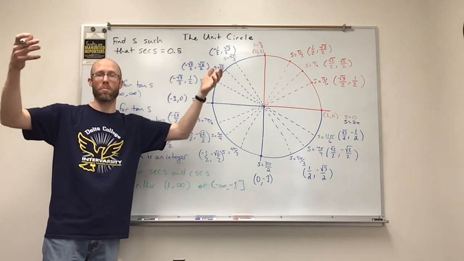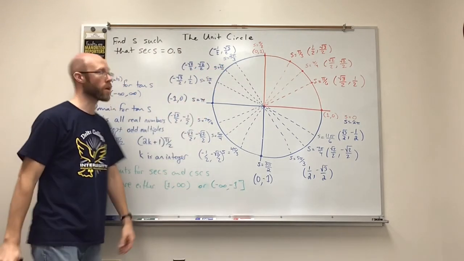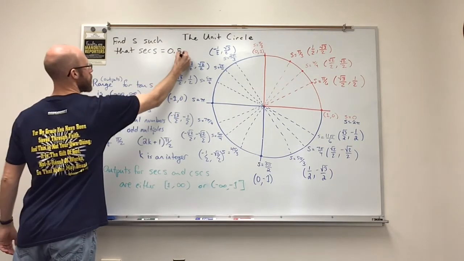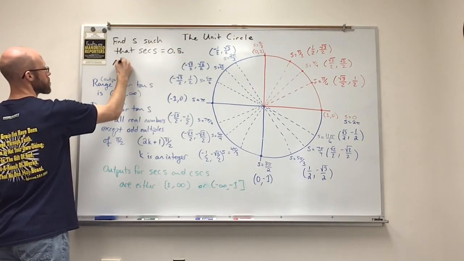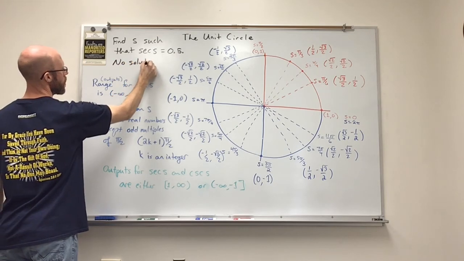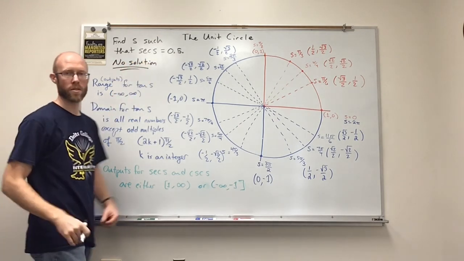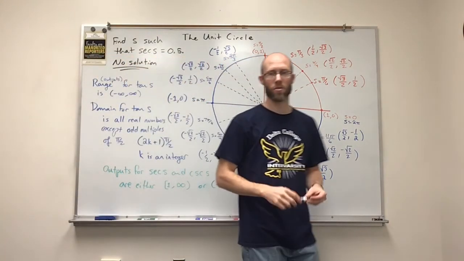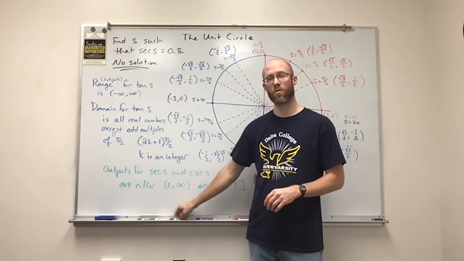It's always going to be either bigger than 1 or less than negative 1. So there would be no solution there. Okay, because there aren't any angles or arc lengths that would give you that output for a secant.